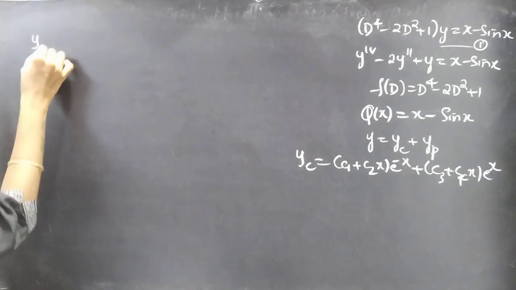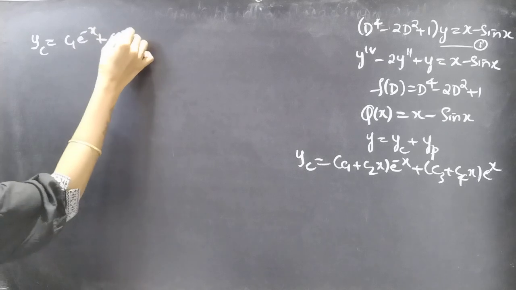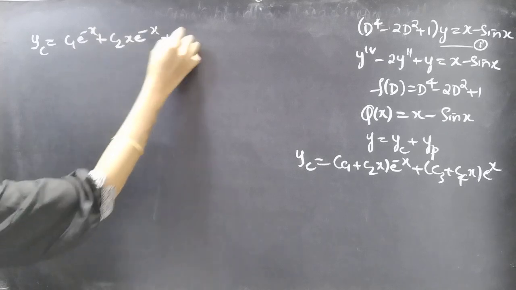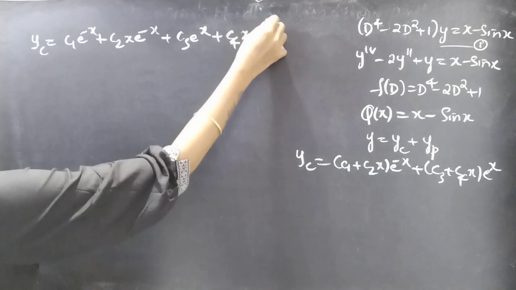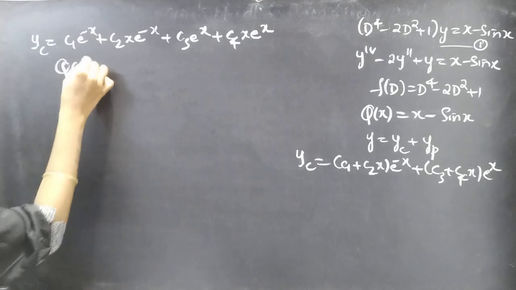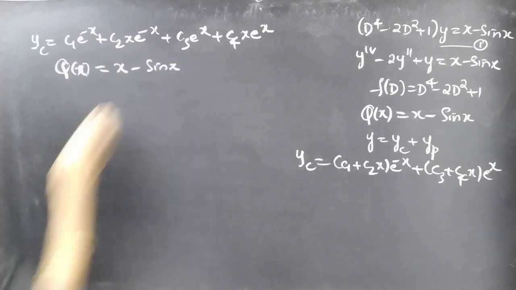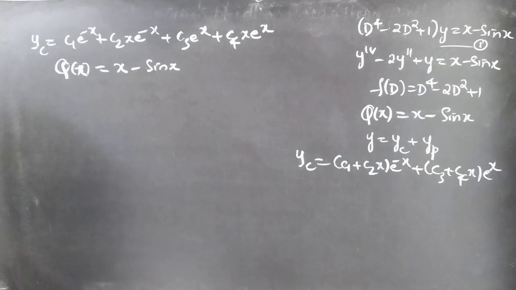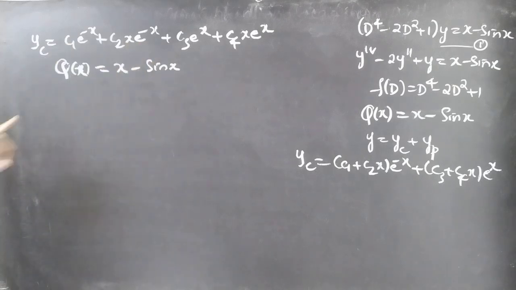Observe yc and yp. We have yc equal to c1 e power minus x plus c2x e power minus x, c3 e power x plus c4x e power x. And q of x is x minus sin x, right? Now observe the terms of x in yc and q of x.